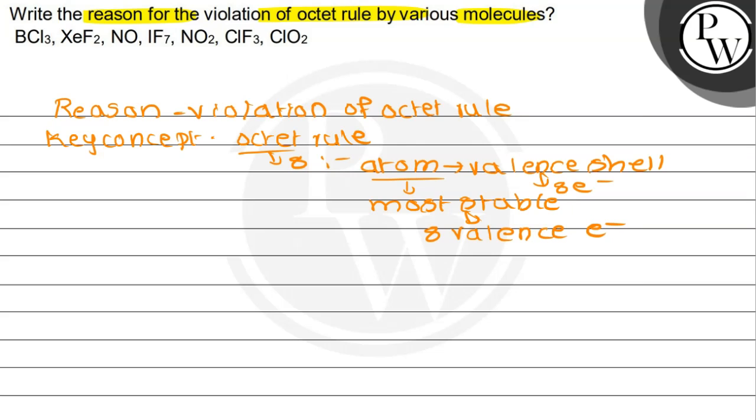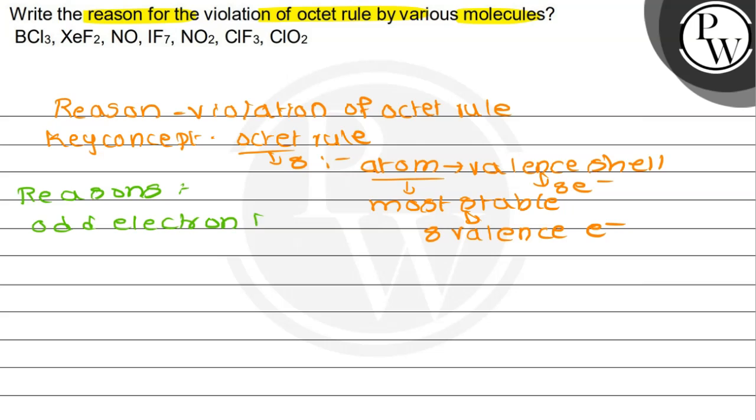So here the reasons behind the violation of octet rule. The first important reason is odd electron molecules.